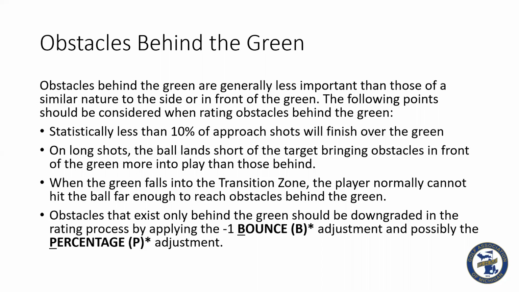And so that's what this is saying, is that if something is behind the green, we're going to discount it because it doesn't come into play, because people don't hit there as much or as frequently as they do middle of the green.